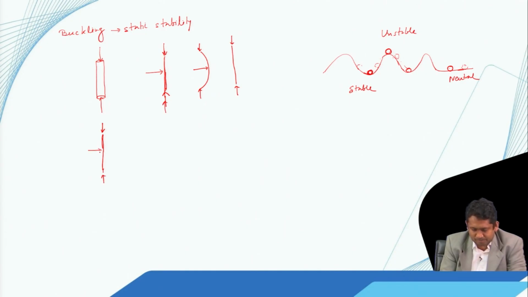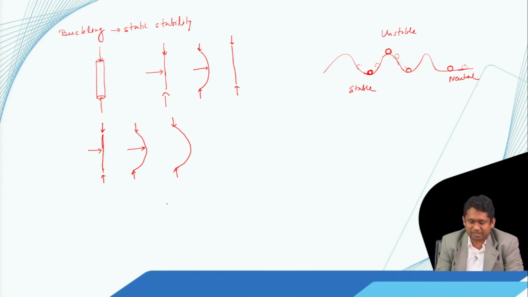If I give a load, it bends, then if I take the load back, it does not come back to the original position. So there is a permanent deformation. What it means is that the initial straight shape is not its equilibrium configuration now under this axial load, rather this shape or this shape, these are its new equilibrium.